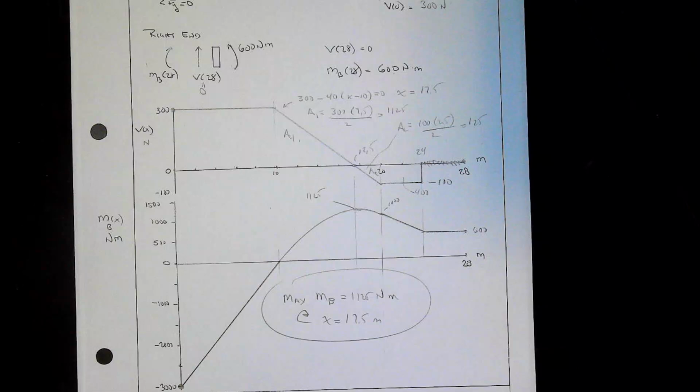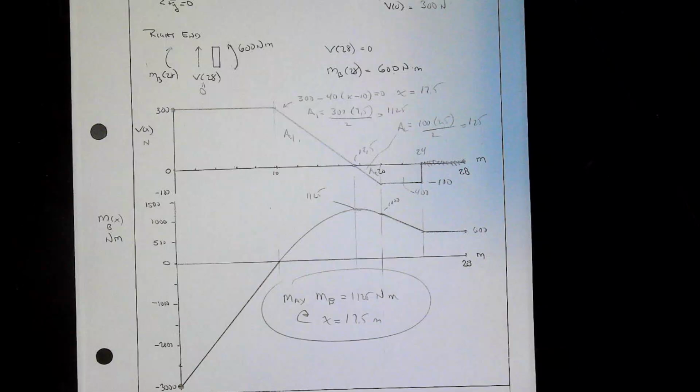You can barely see that in the video. We'll just drop that down. The initial bending moment is minus 3,000. So we'll go down to here, put that in. The final bending moment is 600. That's right here. And the final shear is 0. So we've done the endpoints.